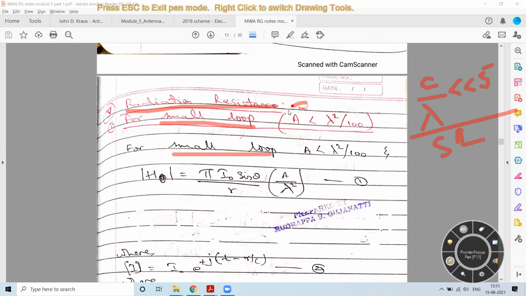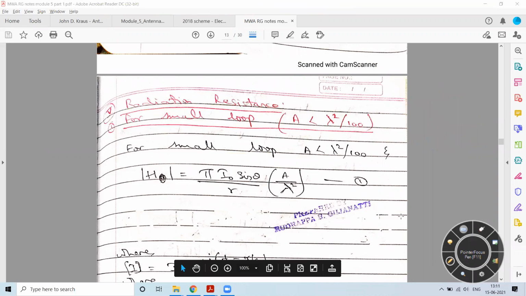Or else we can look at the condition that the area of the loop is less than lambda square by 100, in which case we consider the loop to be a small loop. Either condition can be used to classify whether the loop is small or large.